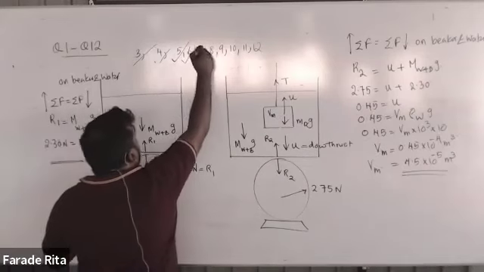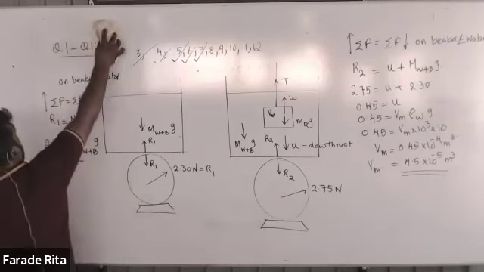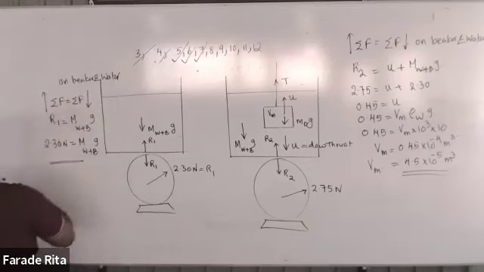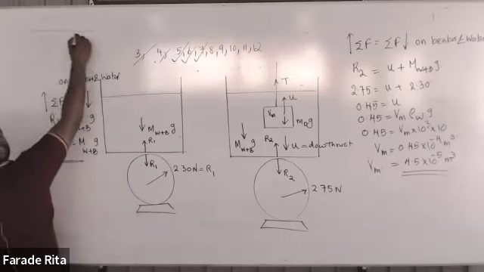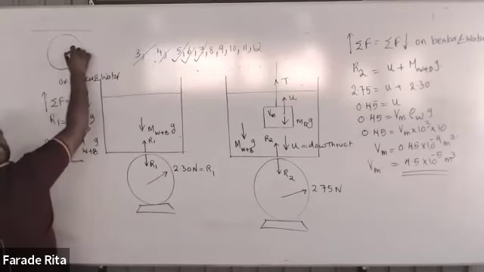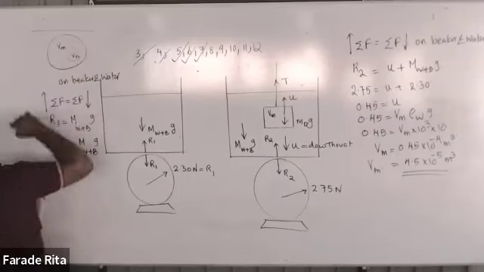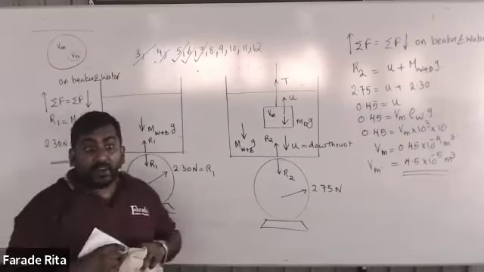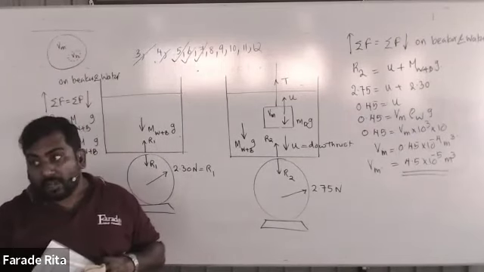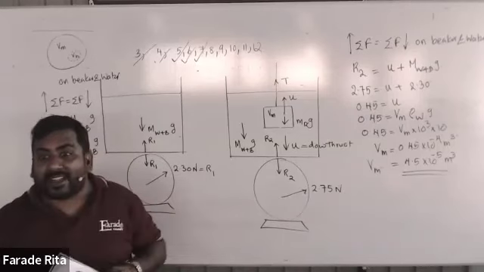Question number 7. What are they asking you? We have done this example. Inside a metal, there is a hollow part. Volume of hollow, volume of metal. For the weight of the object, the volume of the metal is important. For the upthrust, the complete volume is what? Important.